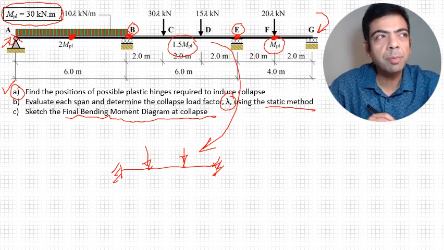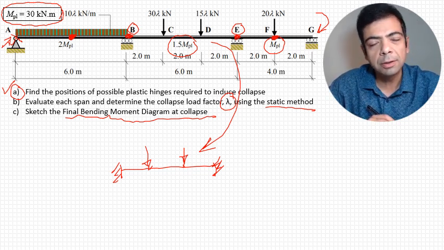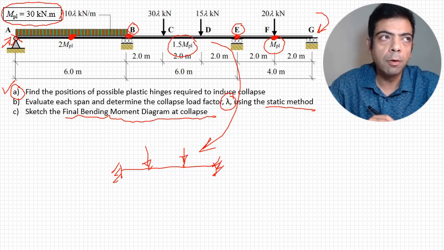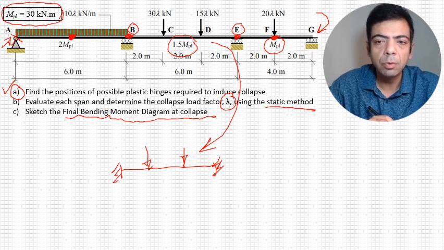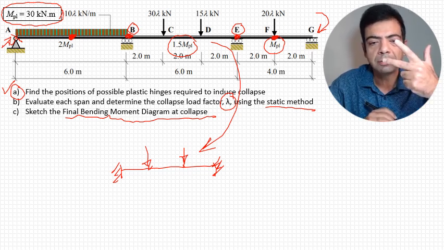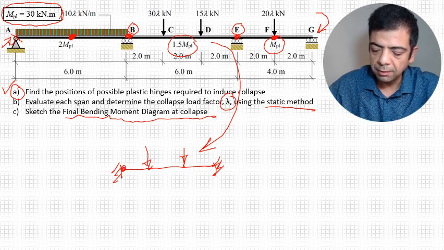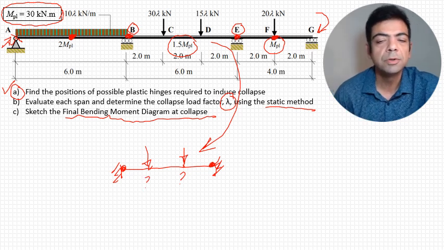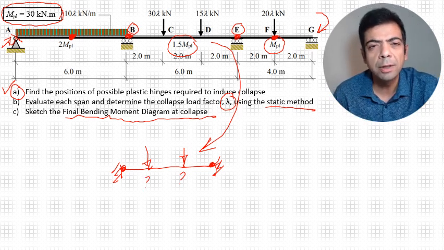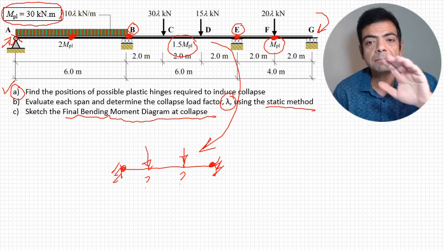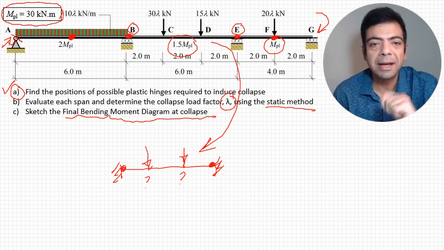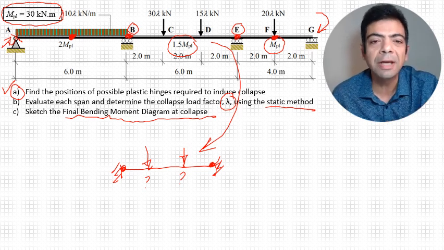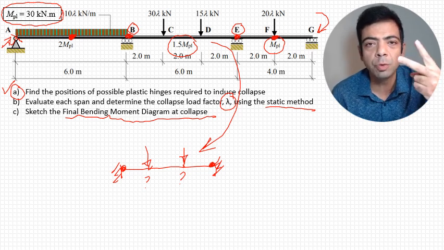So how many plastic hinges are required to form a collapse mechanism? We agreed that we will need 3. 1 at the fixed end, 1 at the other fixed end, and either under this load or the other load. So which one is it going to be? If it's obvious, we can guess. But in this case, it's difficult to guess. So you know what? We'll solve it twice.